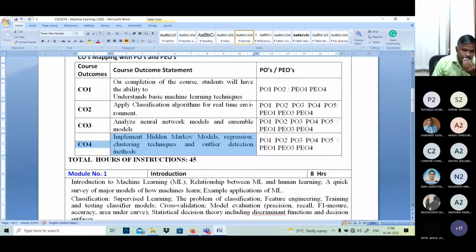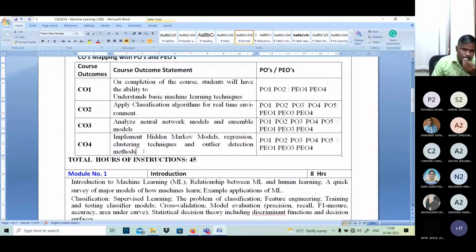And course outcome 4: at completion of this course, the student is able to know what a hidden Markov model is, and regression techniques, clustering techniques, and also outlier detection in clustering techniques. Also you can identify different algorithms and implement that particular algorithm to solve a real-time problem.